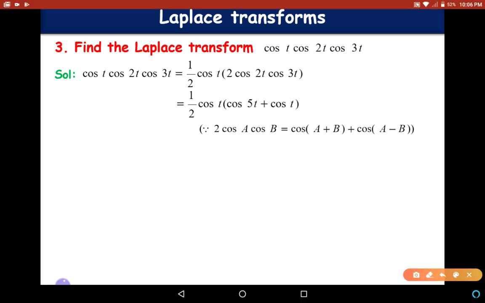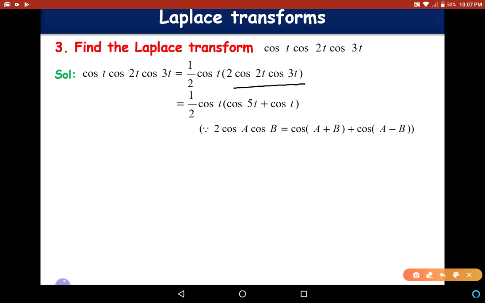So here I multiply and divide this term by 2 and apply 2 cos a cos b for the terms cos 2t and cos 3t. That gives cos of 2t plus 3t, that is cos 5t, plus cos of 2t minus 3t, that is cos of minus t, which is equal to cos t.